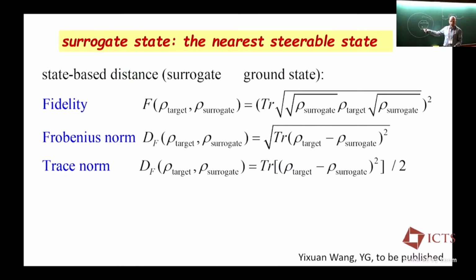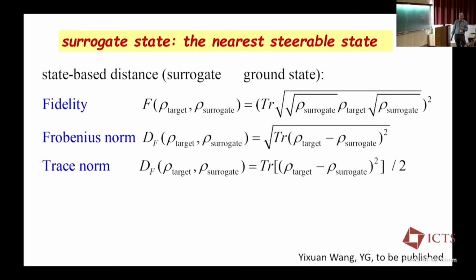So I can define the distance to my unsteerable state using three different conceptual measures. One is to use the state. I measure how close the surrogate state is to the unsteerable target state, and I can measure this by doing the fidelity. I can use the Frobenius norm. I can use the trace norm.